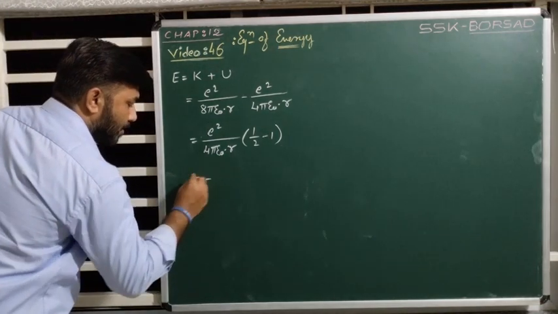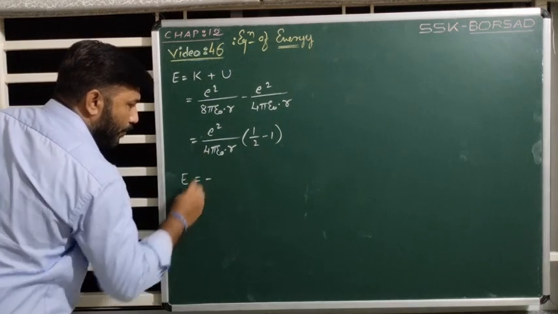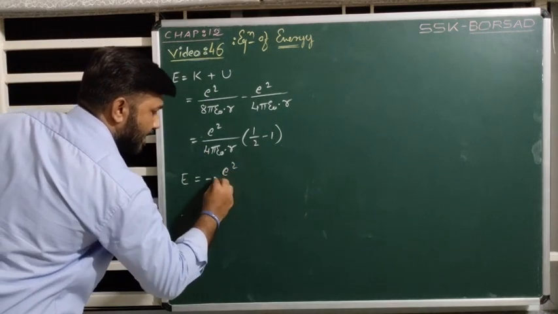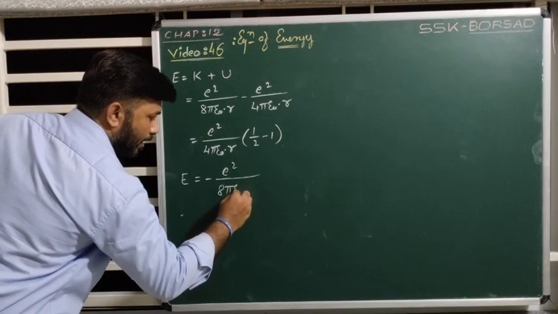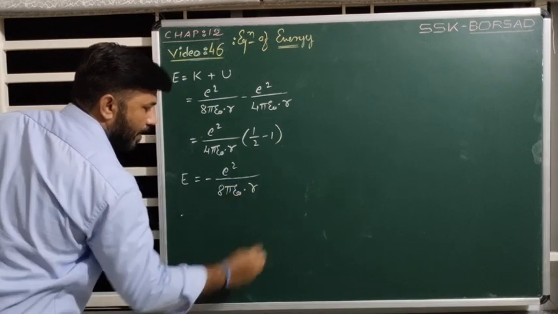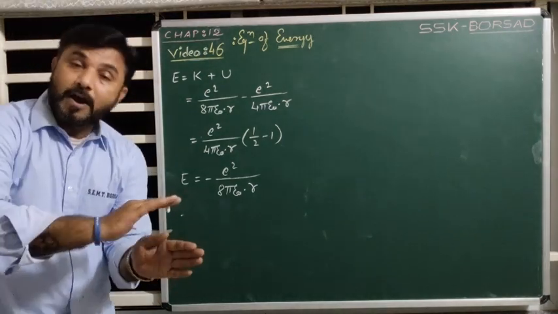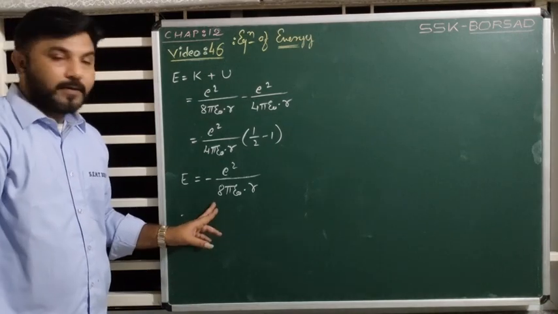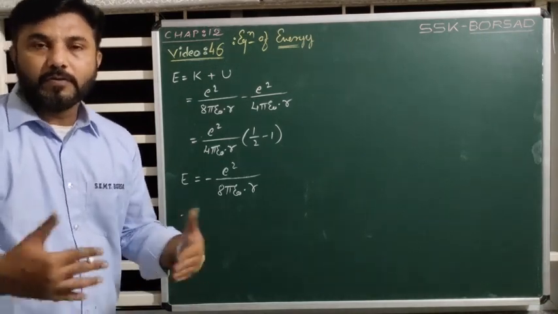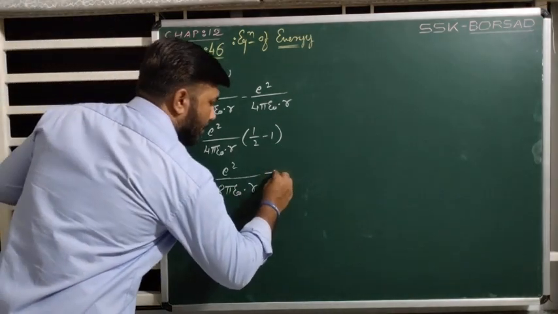So the minus term will come out, and 2 times 4 is 8, that is minus e square upon 8 pi epsilon 0 multiplied by r. This equation is given in our textbook directly, but now you come to know where it comes from. Give it equation number 1.